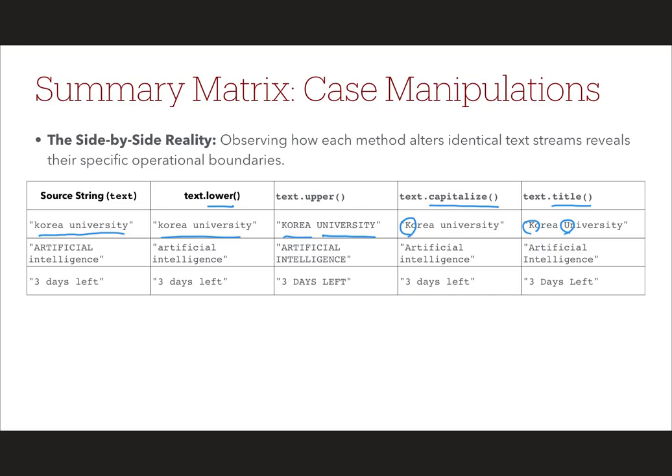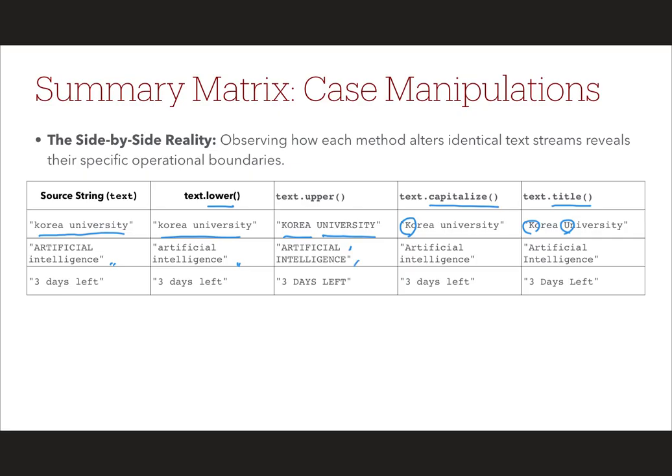In the case of "artificial intelligence", in the original expression the uppercase and lowercase letters are somewhat mixed. If I call the lower function, all the letters will be written in lowercase. And if I call the upper function, every letter is expressed in uppercase.